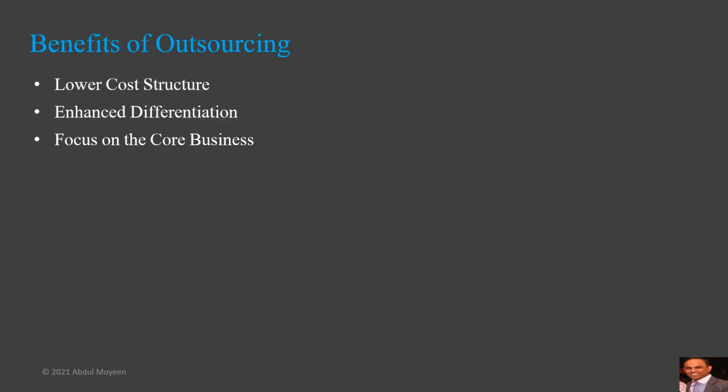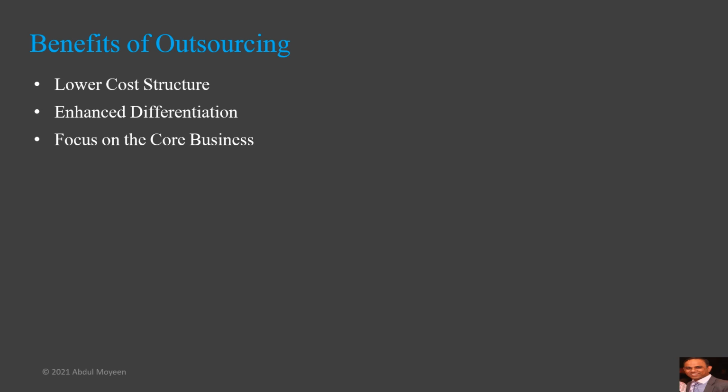So what companies benefit from outsourcing? Strategic outsourcing has several advantages. It can help a company to lower its cost structure, increase product differentiation, and focus on distinctive competencies that are vital to its long-term competitive advantage and profitability.